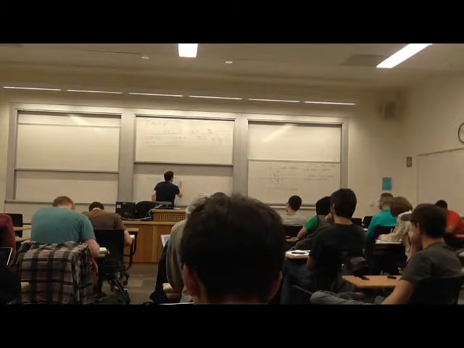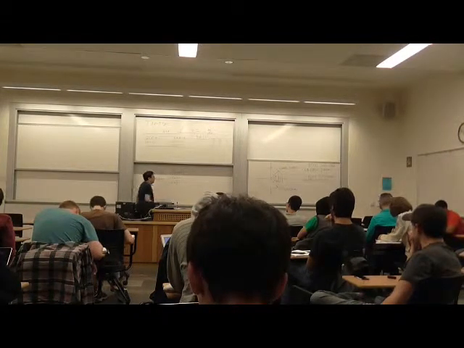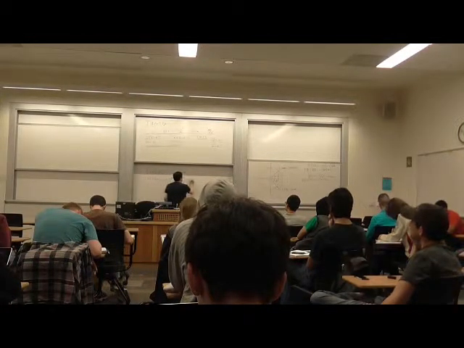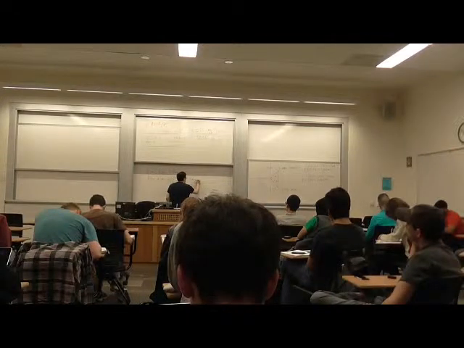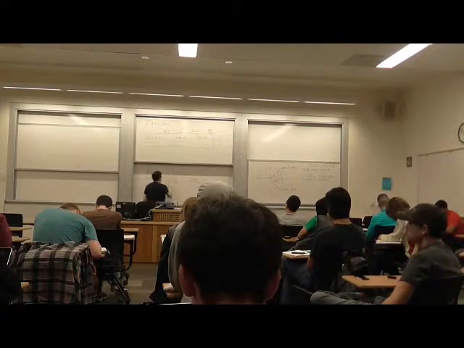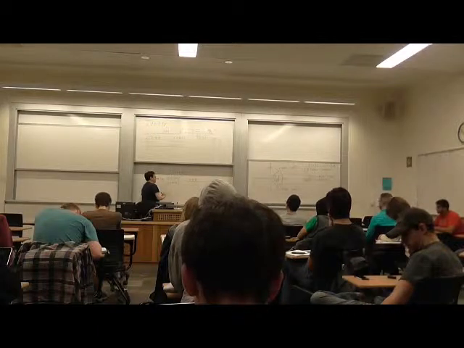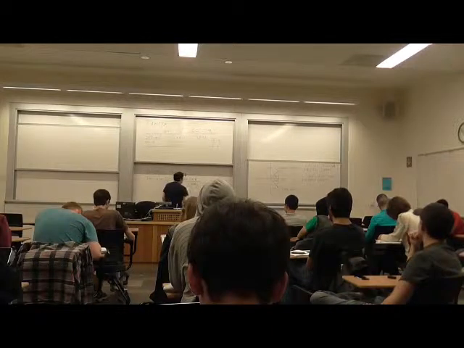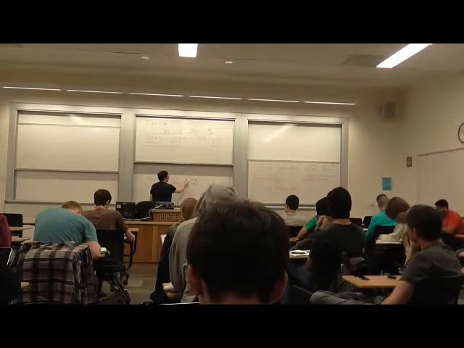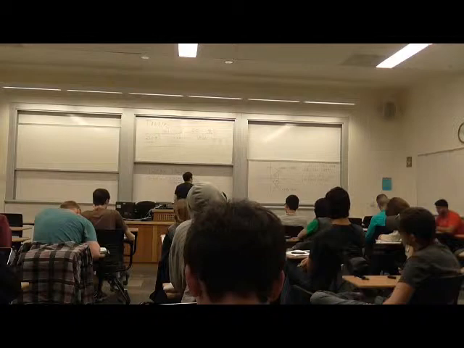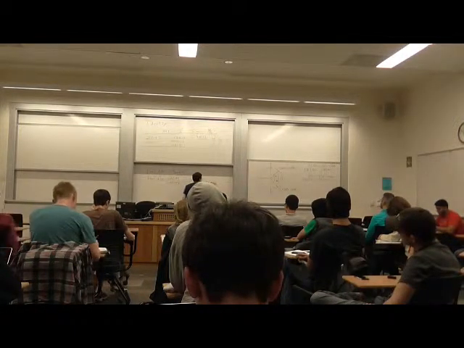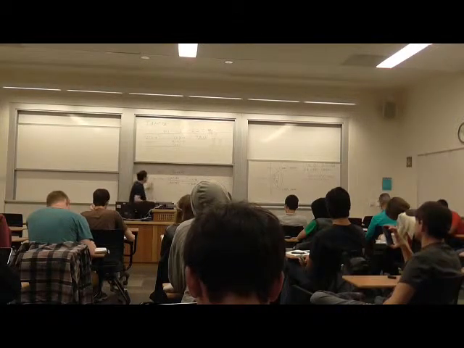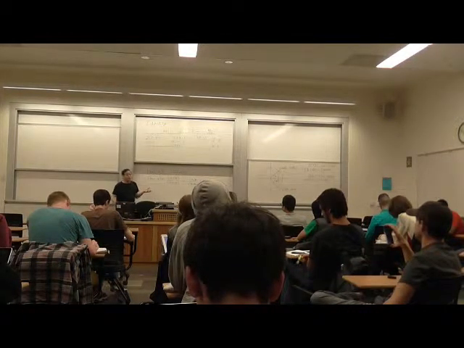Now let's use my identity from over there. What is the sine of negative theta? Negative sine theta. And what is the cosine of negative theta? Cosine theta. So here I have the negative sine over the cosine, but that's just the negative tangent by the definition. So we've shown our identity, we've proven it.